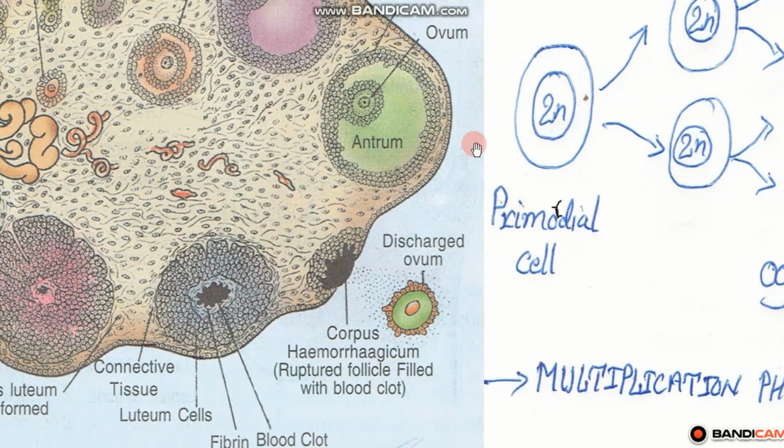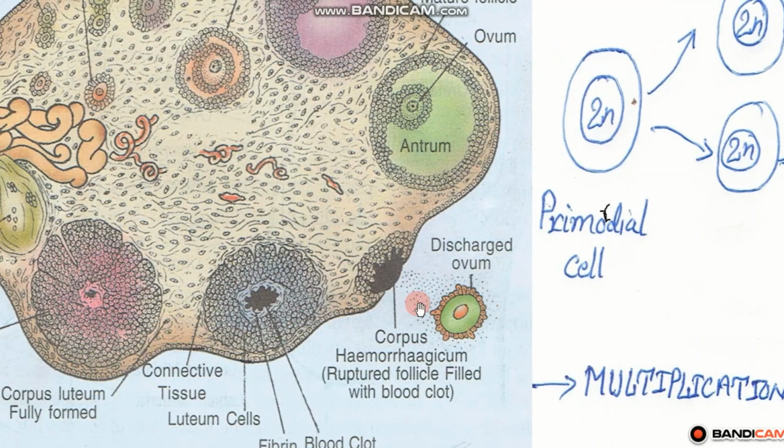The fimbriae catch this ovum and carry it into the fallopian tube. If there is sperm, it will fertilize. If there is no sperm, it will be transferred to the uterus, and after that some structures will change. Before that, I will teach you about the corpus luteum.